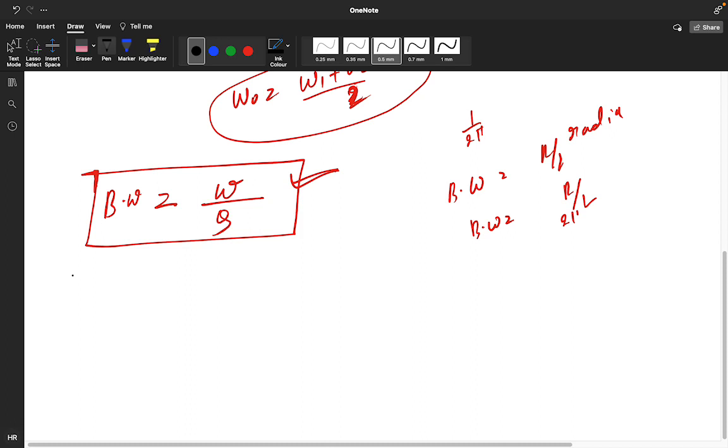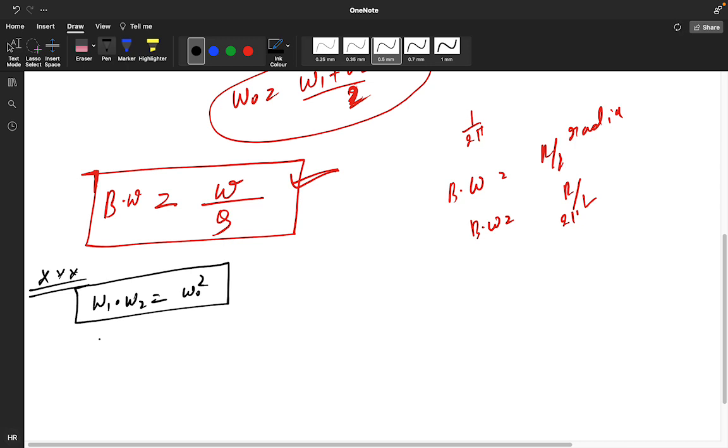And one more thing I just want to tell you. There is a 3-4 approximation. Omega 1 into omega 2 is equal to, we are assuming, omega naught the whole square. Omega 2 minus omega 1 is your bandwidth.